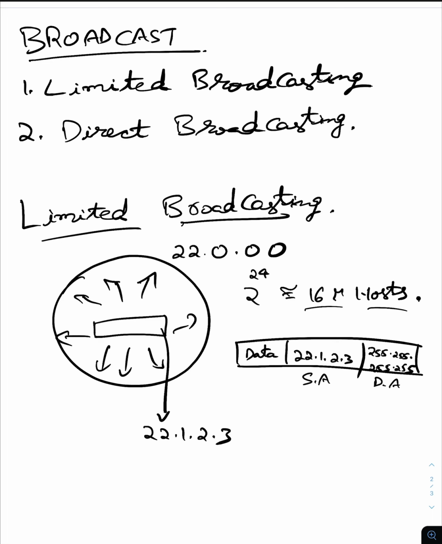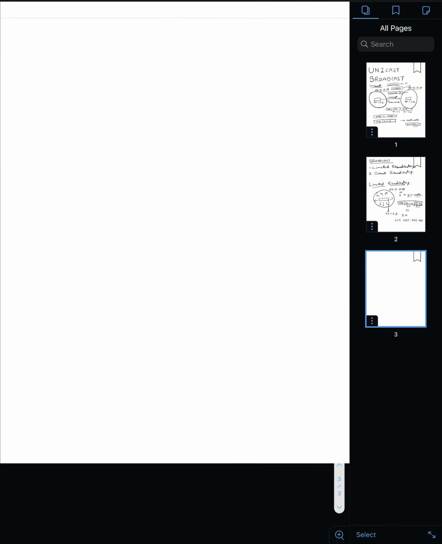It's not good on the software or the hardware part. So we prefer the limited broadcasting address. Unicast you can use, but the preferred method is the limited broadcasting address, where you send your data packet to all the 16 million hosts with a single data packet with a destination address of 255.255.255.255. This is called limited broadcasting.